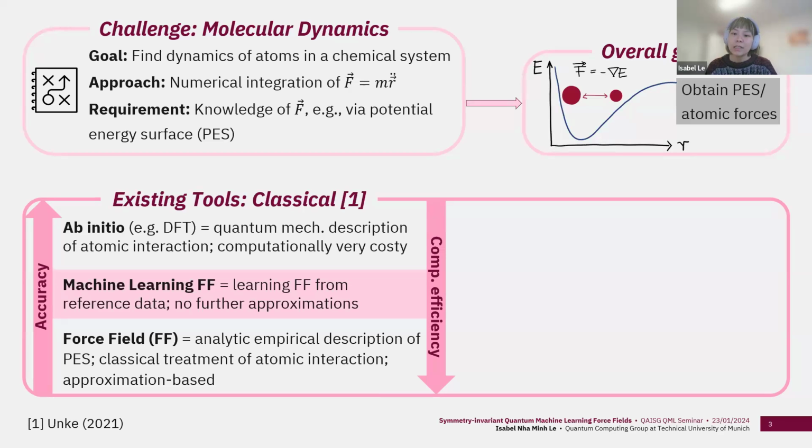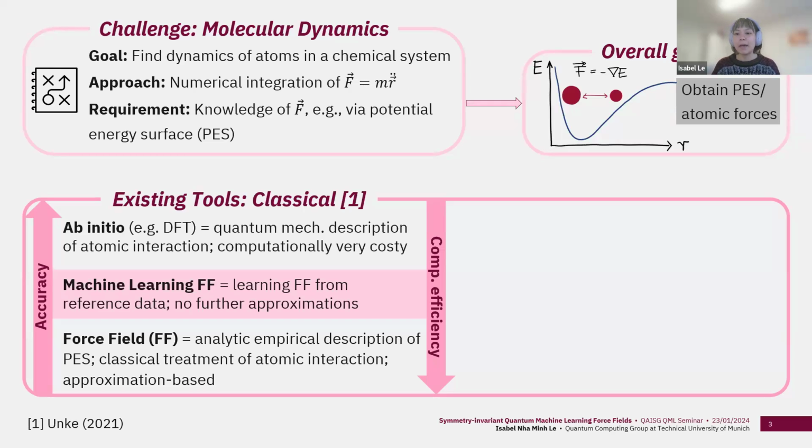So to avoid this computational cost, an alternative method of so-called force fields has been developed. And force fields are empirically found functional descriptions of the potential energy surface. And therefore, they are very easy to evaluate on the fly as it is required within molecular dynamics.